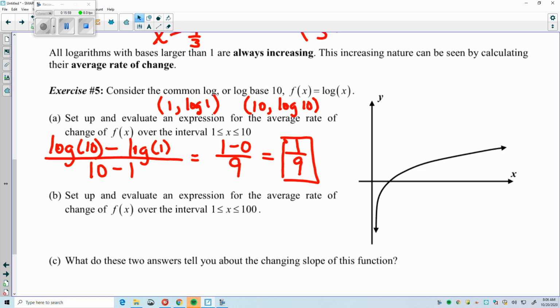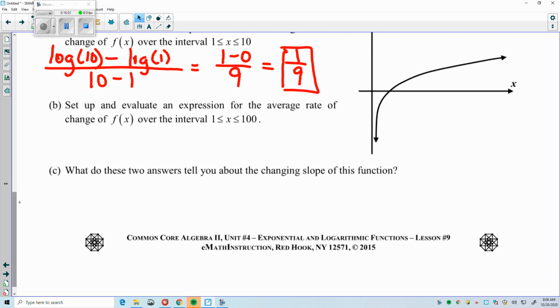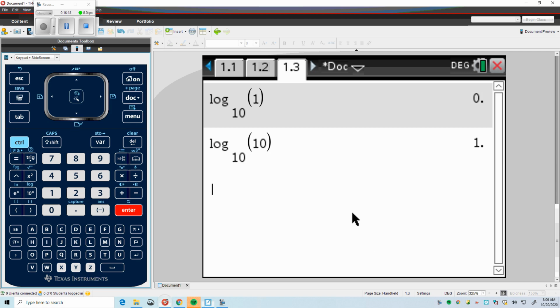Now they're asking us to do the same thing, but for different values, for the range of 1 to 100. So again, if I were thinking coordinates, it would be 1 comma log of 1, and 100 comma log of 100. So we need to evaluate log of 100. We know what log of 1 is. If I type log of 100 into our calculator, we get the answer 2.